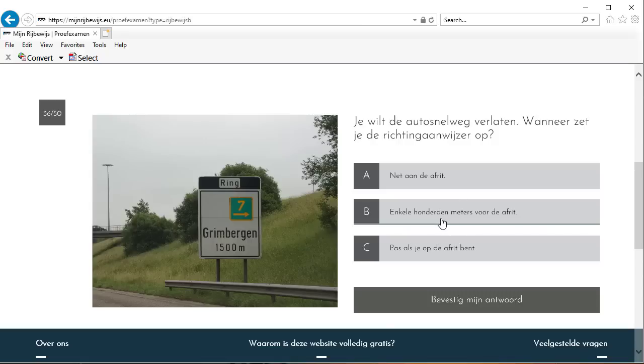Option C is only after you are on the exit lane. So I'll repeat the options. Option A is exactly when you are on the exit lane. Option B is a few hundred meters before the exit lane. Or option C is after you have come on the exit lane.